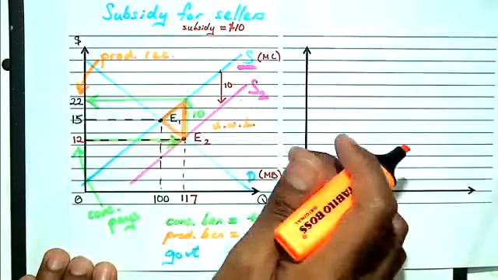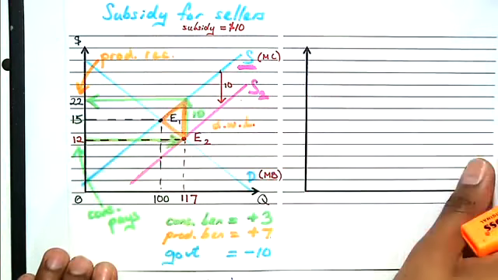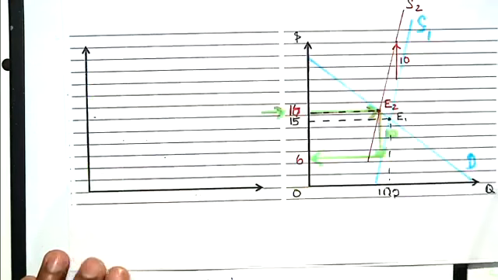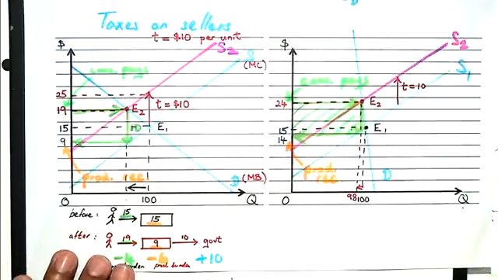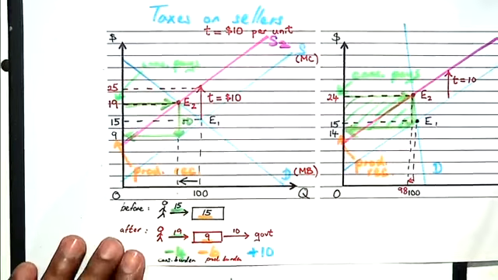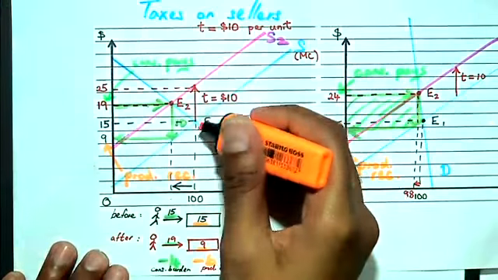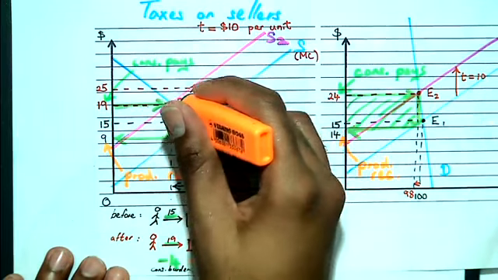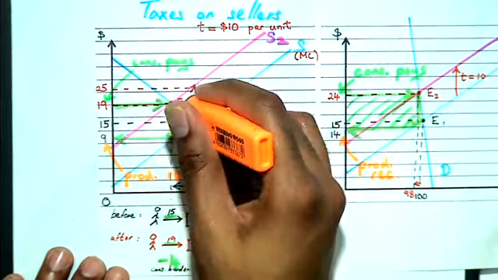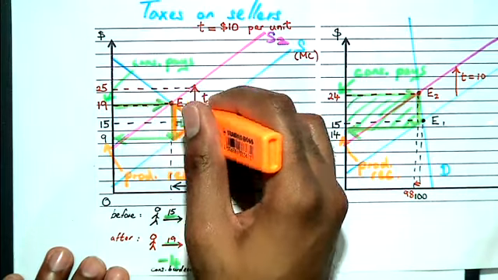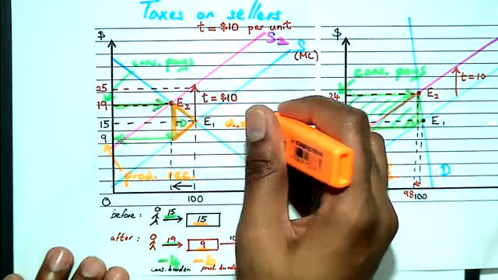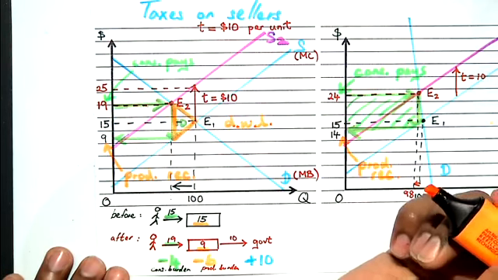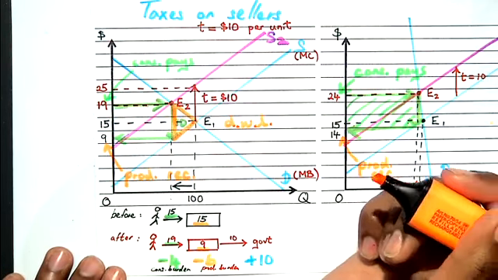Subsidies result in overproduction, so the deadweight loss is on the right. Taxes result in over or underproduction here. It's causing production to go down, so the deadweight loss here is on the left. So both taxes and subsidies will create deadweight loss.